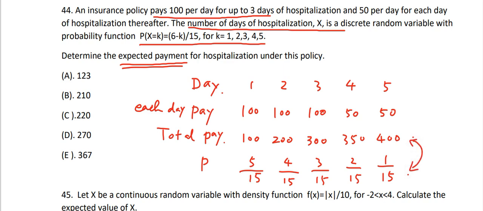So 100 multiply this, 200 multiply this, 300 multiply this. For this calculation, we just forget the 15 and divide by 15 at the end. So 100 multiply 5, 500, plus 800, plus 900, right? Okay, just like that.